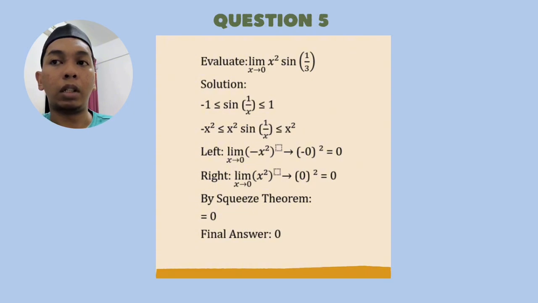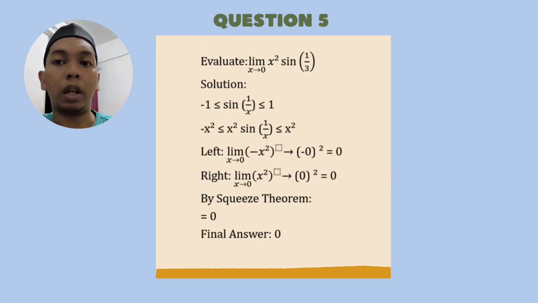So next, we move to question number 5. The problem asks us to evaluate the limit of x² sin(1/x). To solve this, we use the squeeze theorem. We know that negative 1 is less than or equal to sin(1/x), which is less than or equal to 1. Multiplying through by x², we get negative x² less than or equal to x² sin(1/x), less than or equal to x².